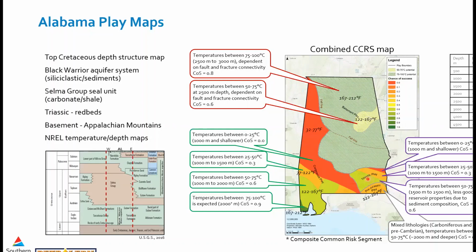The Triassic play has a slightly lower chance of success, and that's basically because of the reservoir properties due to the sediment composition. The Triassic red beds can consist of a lot of different mineralogy, and also a mixture of immature and mature grains.